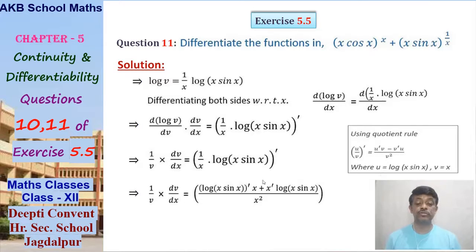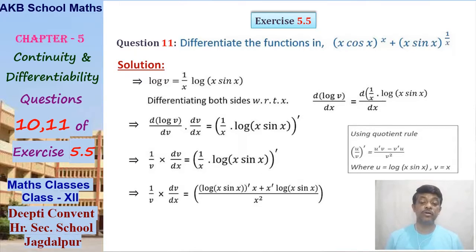So here u equals what? We suppose u equals log(x sin x) and v equals x. It is not the product rule, it is the quotient rule. We are using the quotient rule.